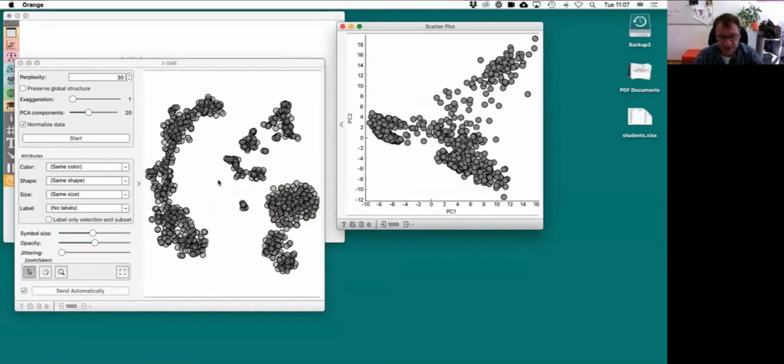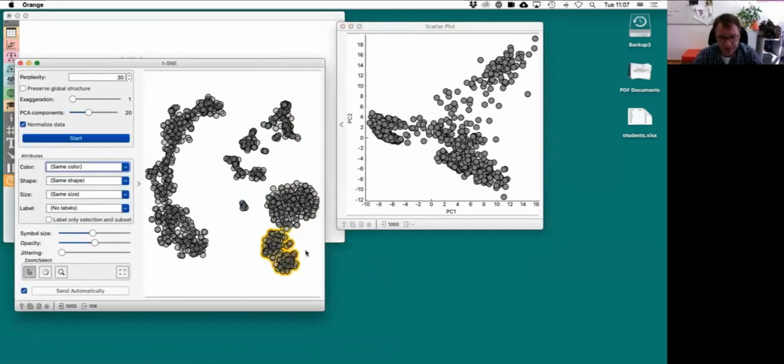And here I see that actually there's a cluster here, there's a cluster here, one cluster here, one cluster here, one cluster here, and one cluster here, right? There are at least 1, 2, 3, 4, 5, 6 clusters in this data. And it's interesting, they really correspond to different cell types. And there's no way I can find them here, right?